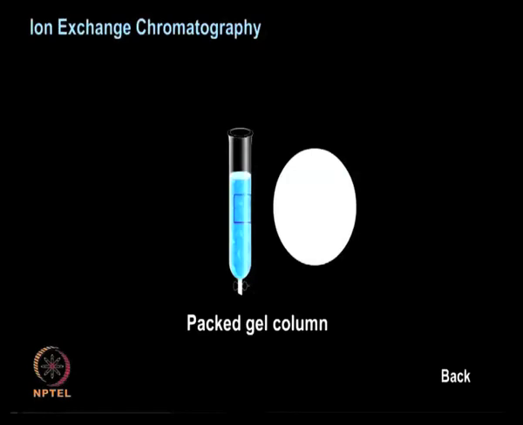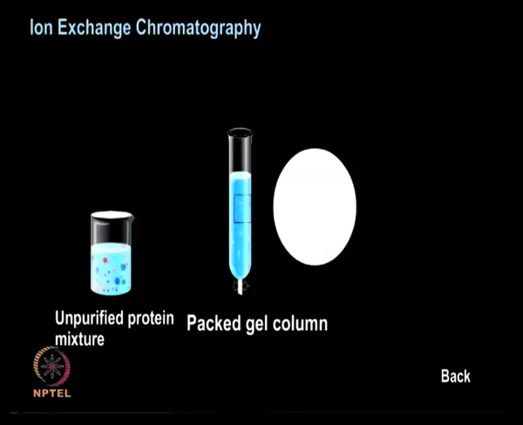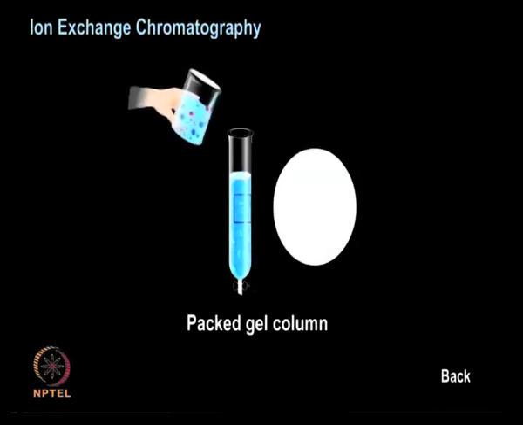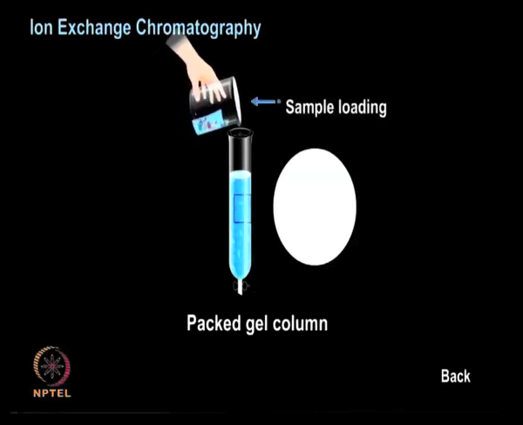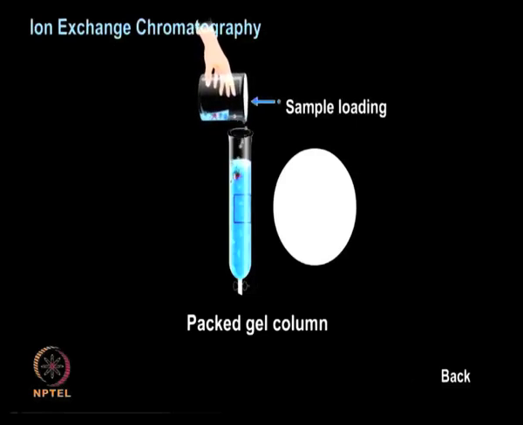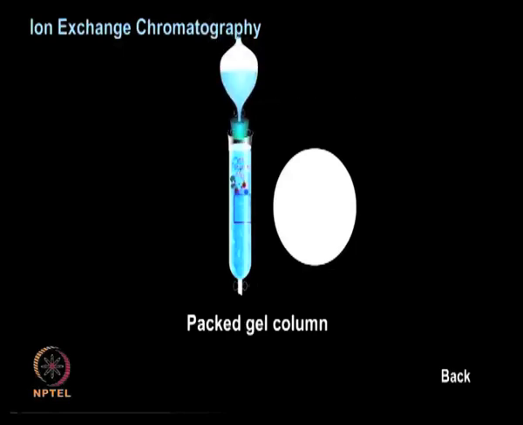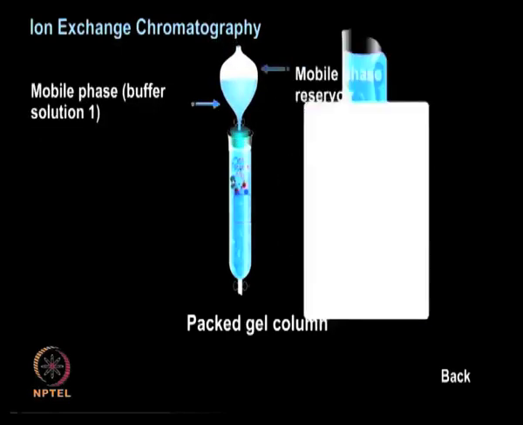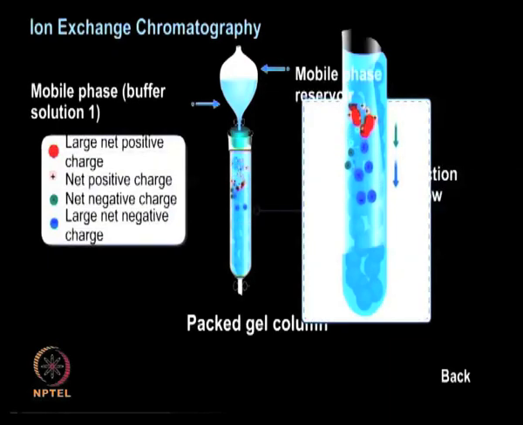The anion exchange column is then loaded with the impure protein mixture consisting of various positively and negatively charged proteins. The column is eluted with a buffered solution of suitable pH such that the negatively charged molecules are removed from the column, while the positively charged molecules remain bound to the anion exchange resin.